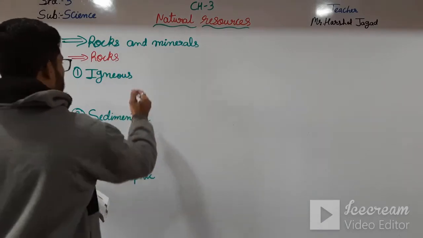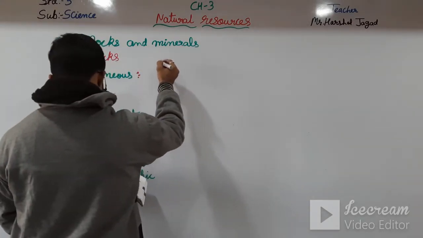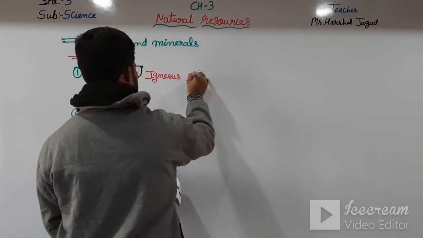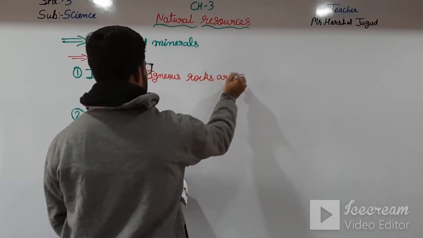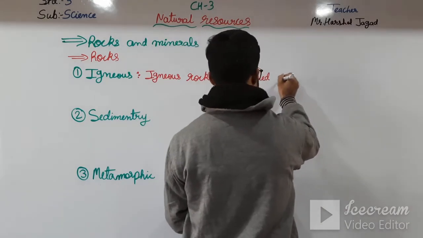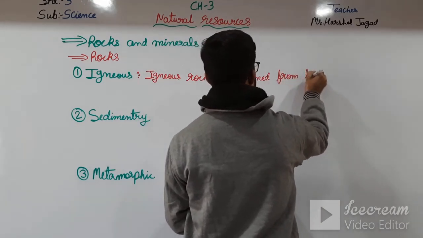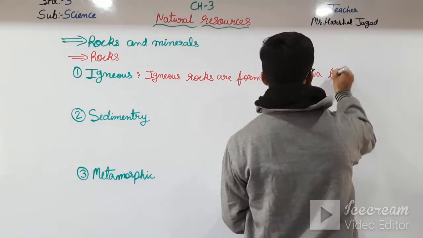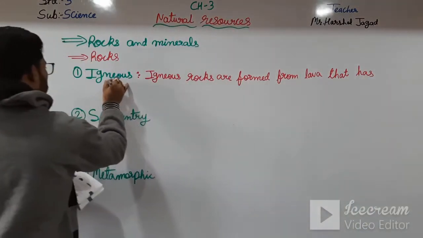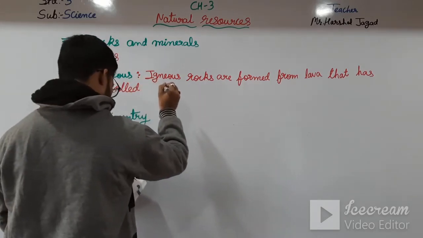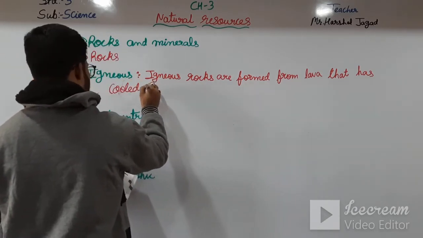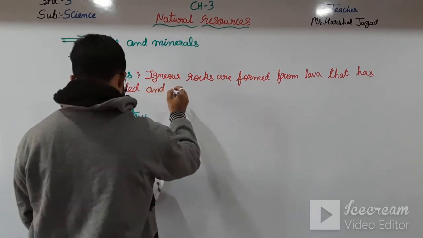We are writing: igneous rocks are formed from lava that has cooled and hardened.